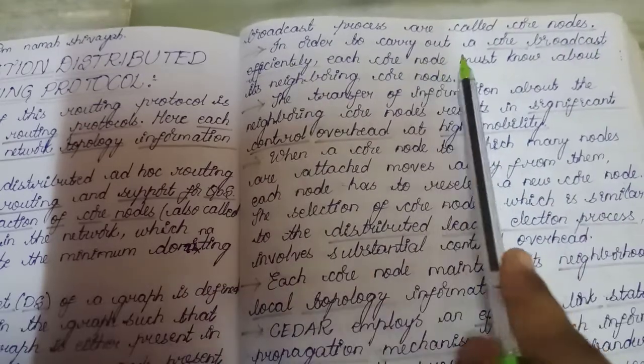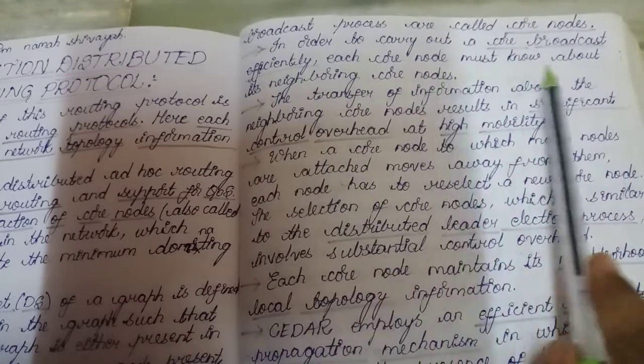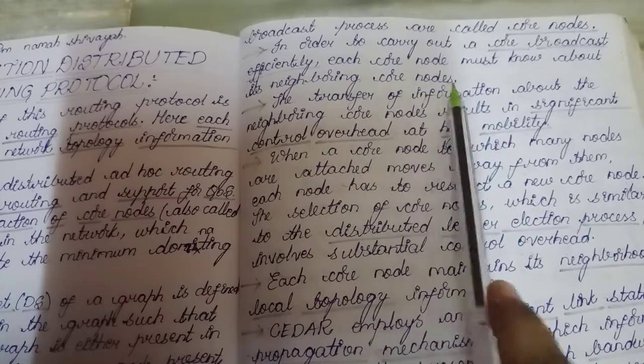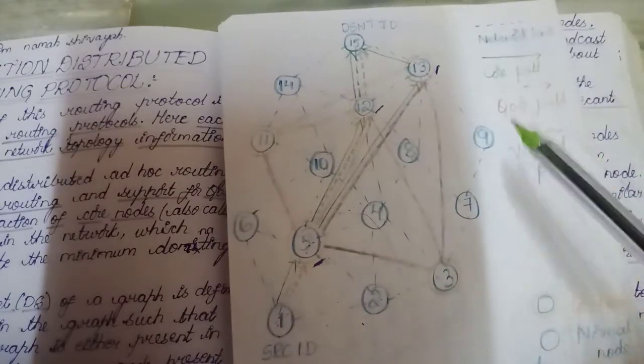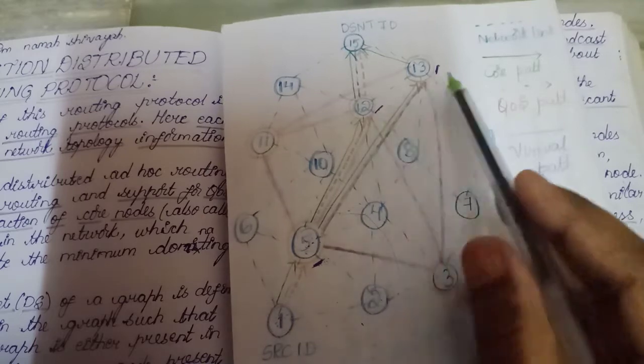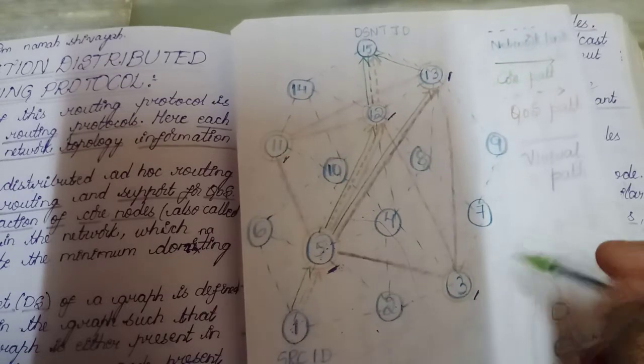In order to carry out a core broadcast efficiently, each core node must know about its neighboring core nodes. Let us consider this example again. Here, this is 5, 12, 13, 11 and 3. These are our core nodes.